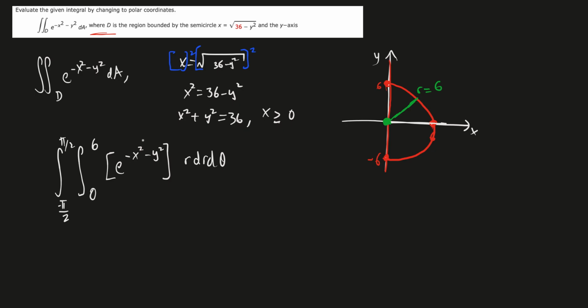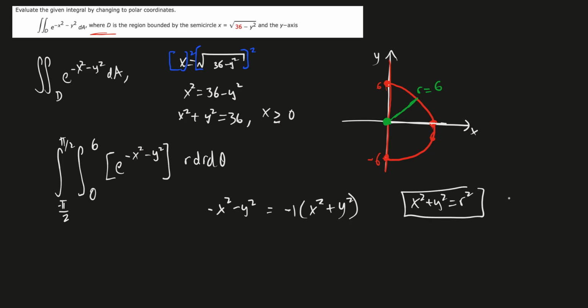Now we have to convert everything to r and theta. In terms of r and theta, the only thing we have is negative x squared minus y squared. We want to convert this. Let's factor out a negative 1 to make this x squared plus y squared. And now you see why I did that, because we can convert x squared plus y squared to r squared.